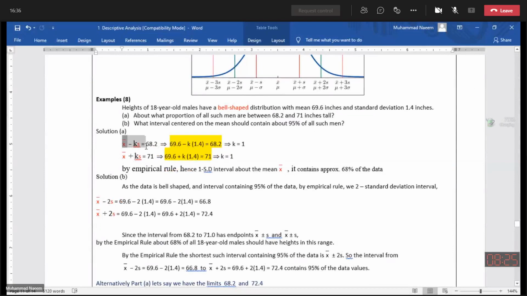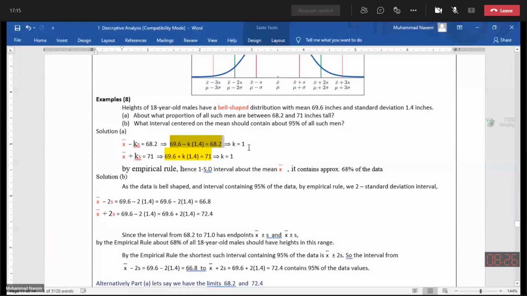Generally, now equate these limits: the left-hand limit x bar minus ks equals 68.2 and the right-hand limit x bar plus ks equals 71, putting in the values of x bar and s, the standard deviation, which is given in the statement. So we have this equation: 69.6 minus k times 1.4 equals 68.2.